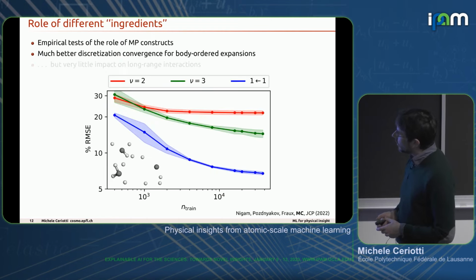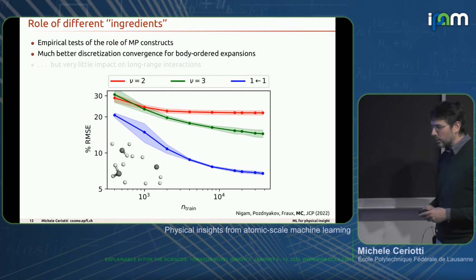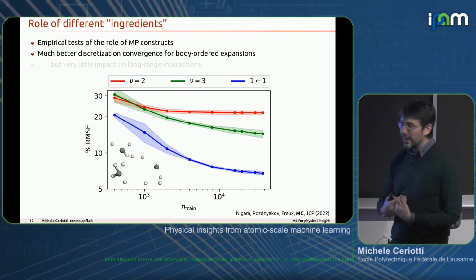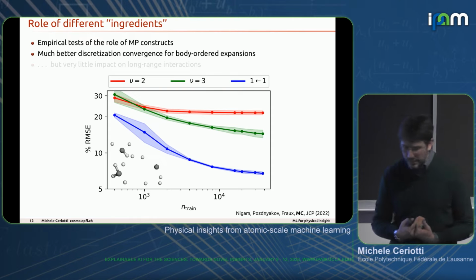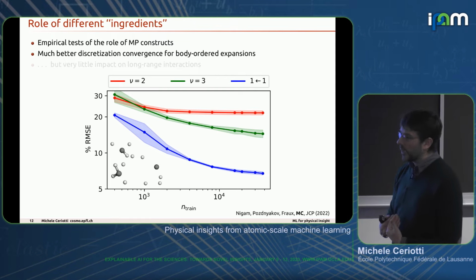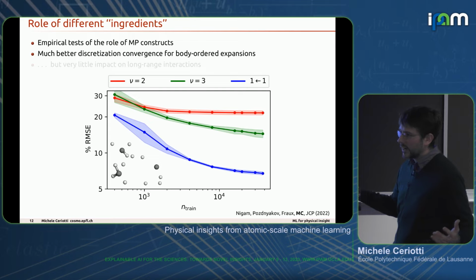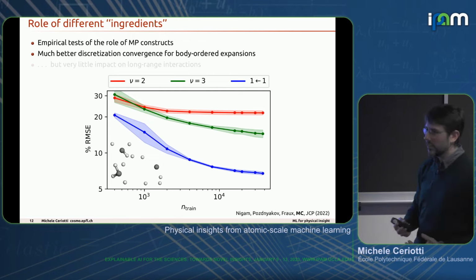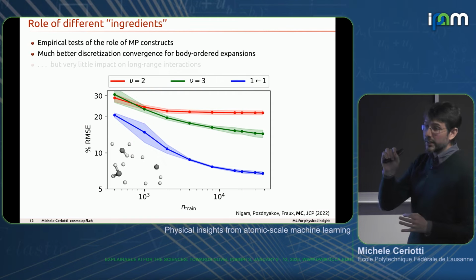And an example of how this decomposition into the fundamental building blocks of a model allows you to extract some insights into the way a model works is that, rather than just comparing two models that are finished products in which 100 different choices have been made, you can change one ingredient at a time.